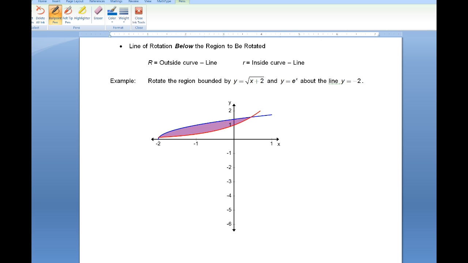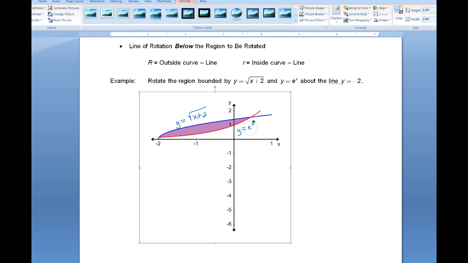Which one looks like the square root of x? The top one. So this is here. And the bottom one is e to the x. And if I draw a line, well, let's take this, y equals -2. So imagine that this region is getting rotated about that line.